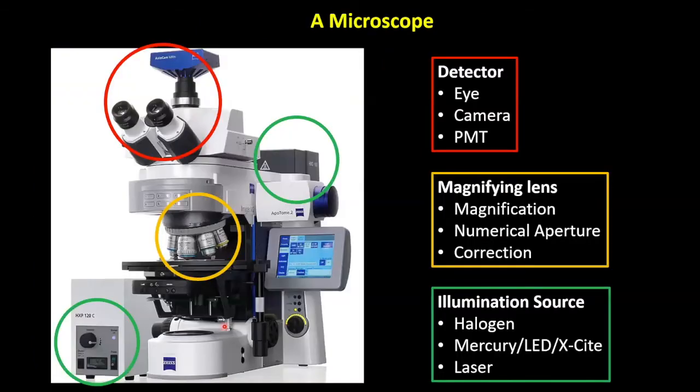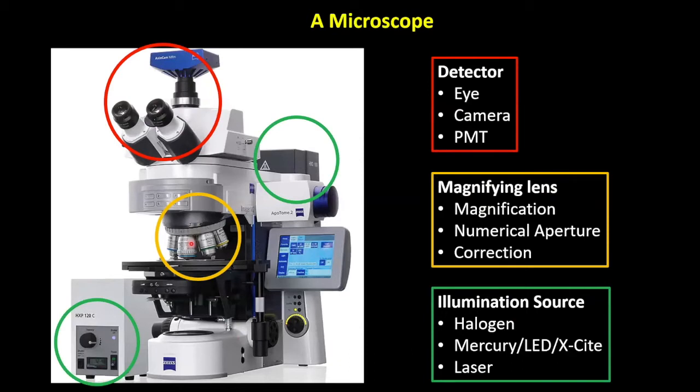A microscope is mainly made of three parts. First of all, the detector. It could be your eye, a camera, or a PMT for confocal. Also the magnifying lens, and on the magnifying lens, usually we're talking about the objective.